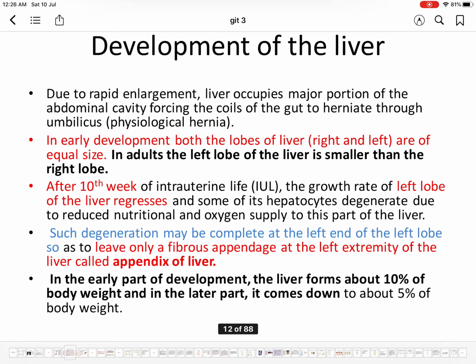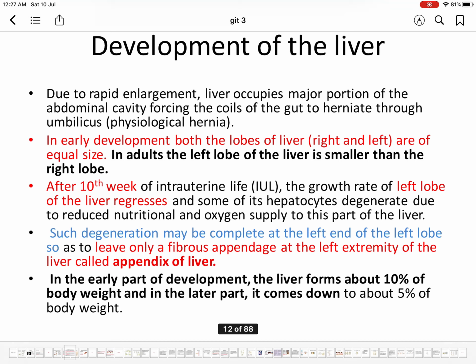And in early development, both lobes of liver, the right and left lobe, are equal in size. But in adults, the left lobe of liver is smaller as compared to the right lobe, because there will be less supply or less nutrition to the left part of the liver.